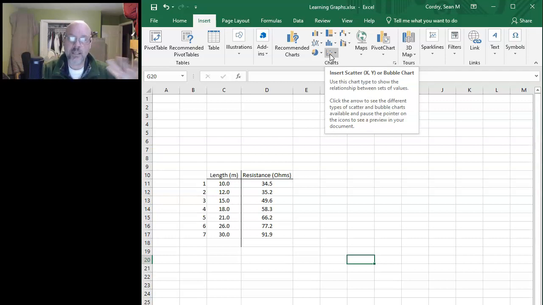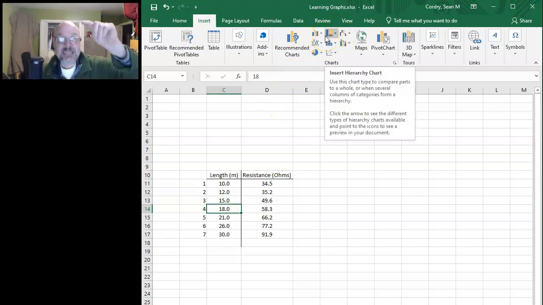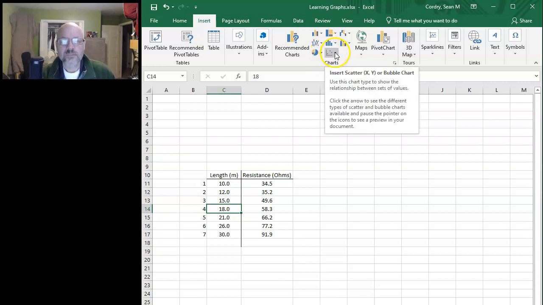So it's going to order it automatically, and we don't have to put these in increasing order. We could put them in any order we want. I won't show that to you now, but you get it. With these others, the way it shows you the data is in descending order of the column, not in X order. So we want this one here.